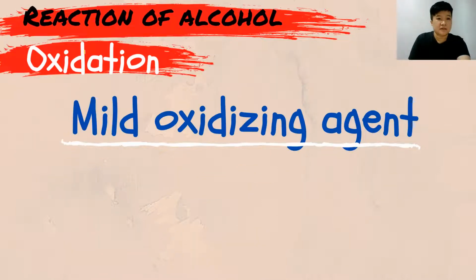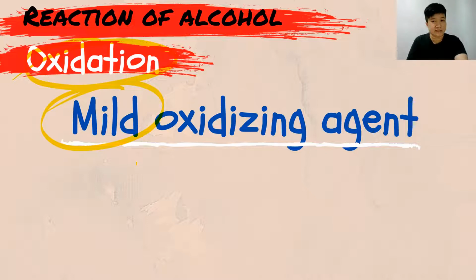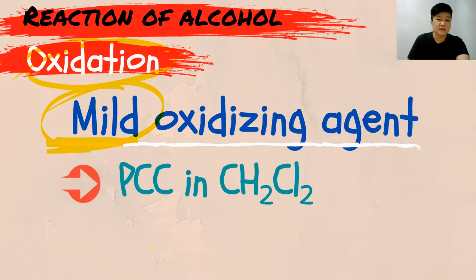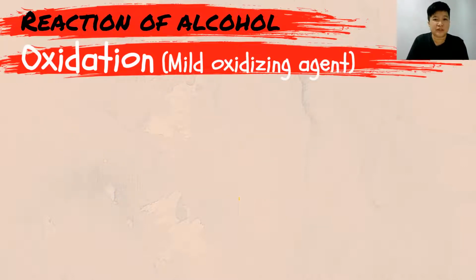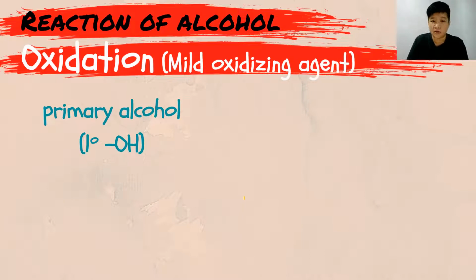Okay? Now, let's look at the oxidation by using a mild oxidizing agent. We know that the mild oxidizing agent is PCC in CH2Cl2. So when you have PCC in CH2Cl2, what will happen? Let's jump straight into your primary alcohol.